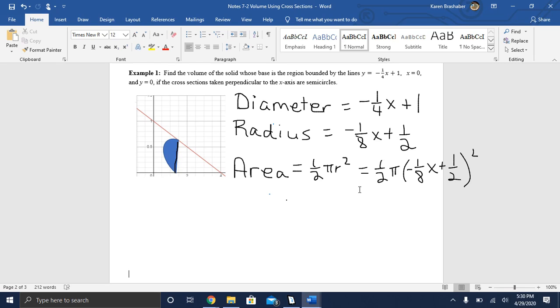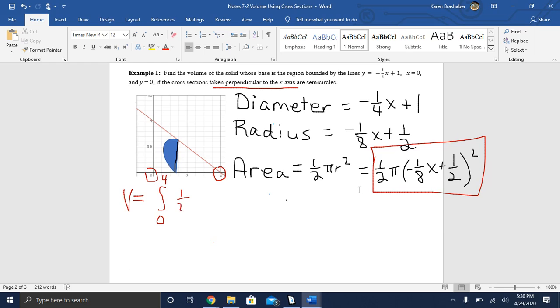So now we'll move to the calculation of the volume of the solid that's generated. So we'll integrate, since it's cut perpendicular to the x-axis, we'll use our x values as our limits of integration. So from 0 to 4, and we're integrating whatever we got for our area equation.